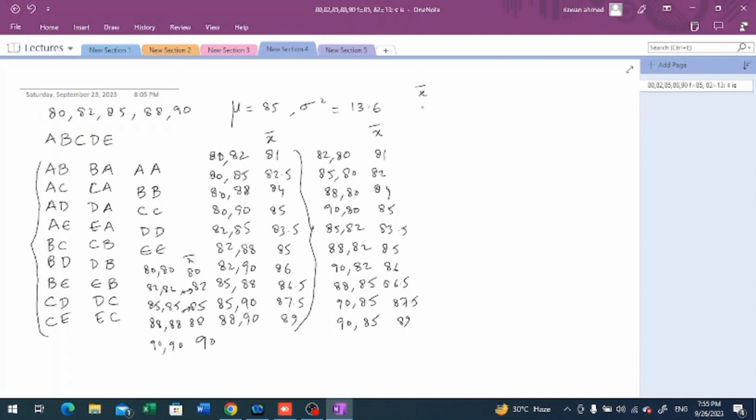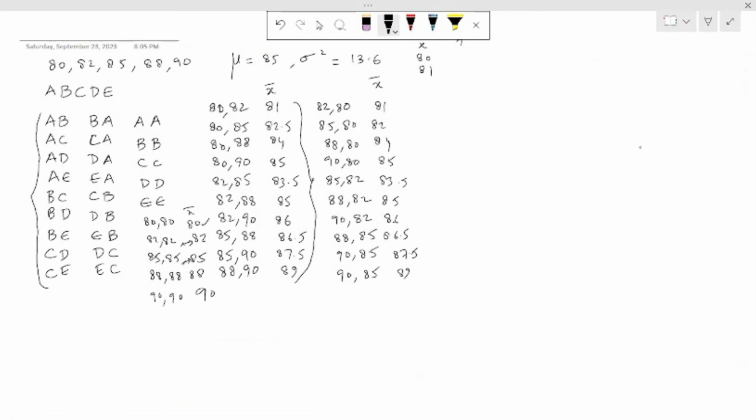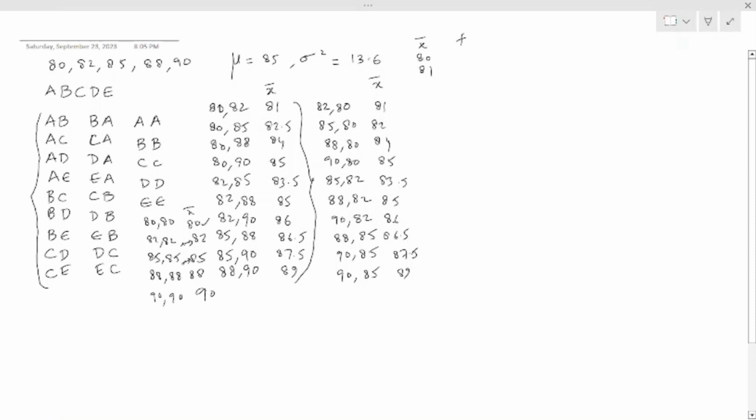Now if we start tallying with the minimum value, that's 80, which is the very first possibility. I'm writing down the mean values in order. Then 81. So if we tally the frequency side by side, 80 is occurring once, then 81 is occurring twice. So we cancel out this tally. There are two 81s appearing in the list of sample means.